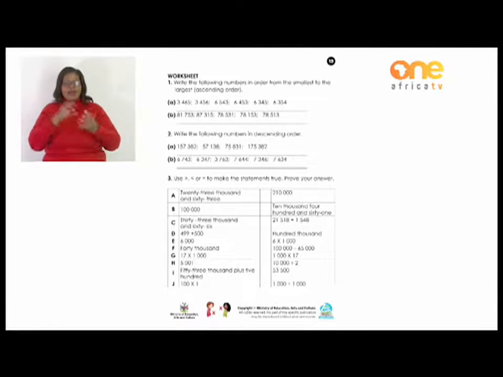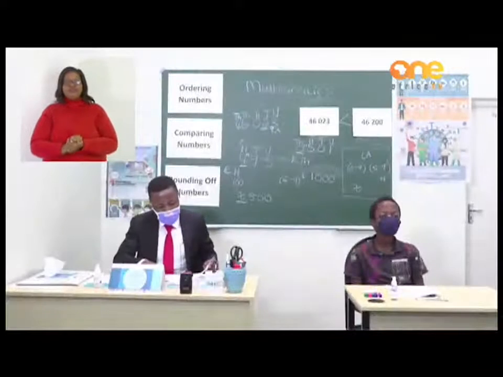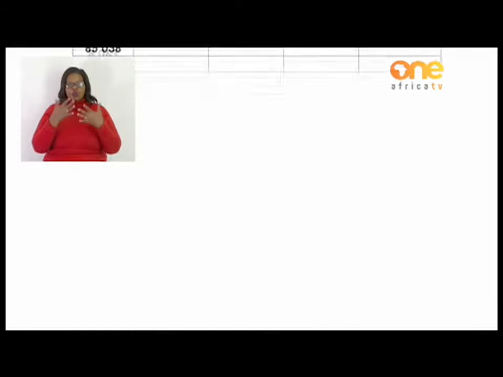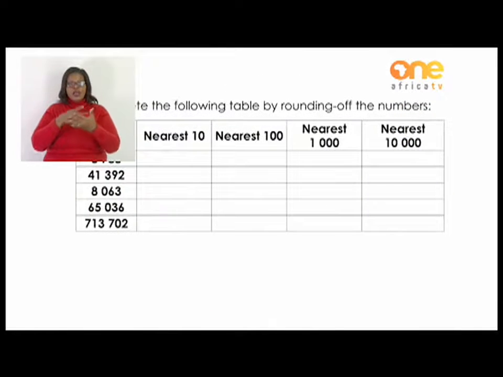Now we have to move to page 16, where number 4 is. We need to complete the following table by rounding off the numbers. You need to round off these numbers. The first number is 3,788.